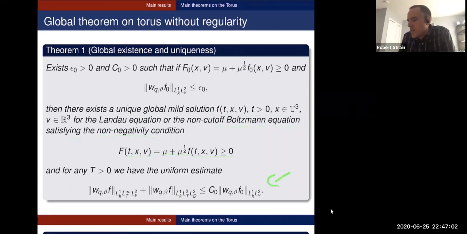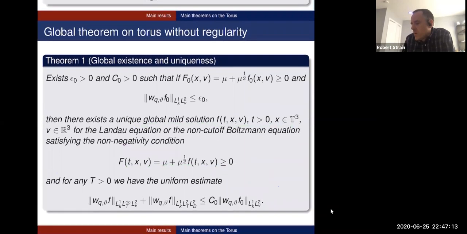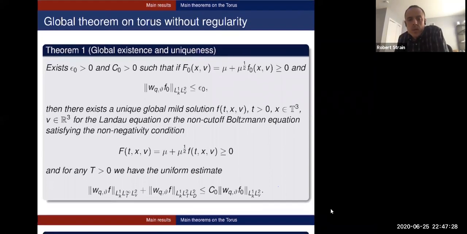And for t greater than 0, we have a uniform Lyapunov exponent for any t. So the constant C is independent of t. And so even though t is fixed here, it's arbitrary. And the solution is global and unique. So this is our global existence result on the torus.